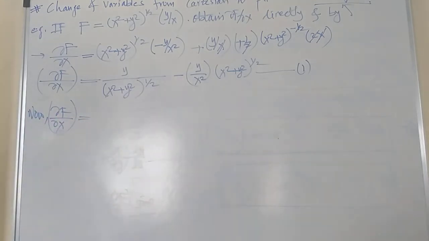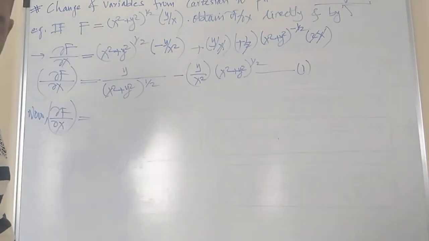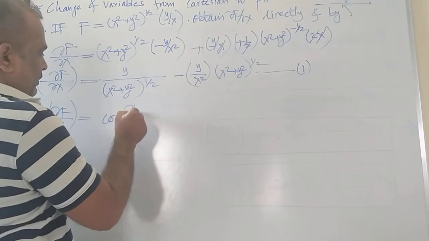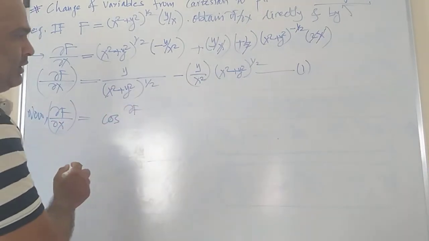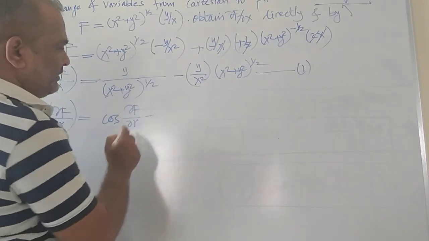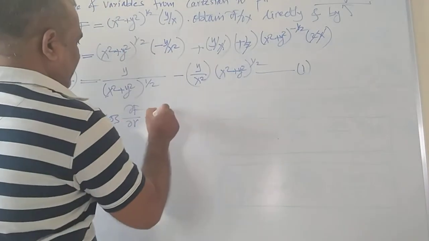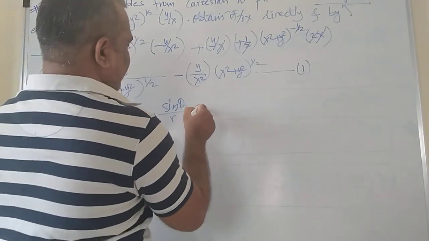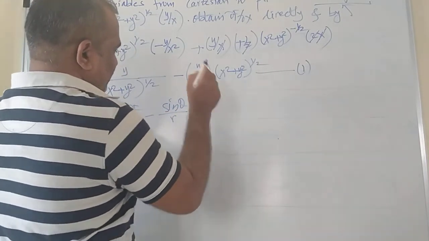Just now we have calculated: dou f by dou x is equal to cos theta into dou f by dou r, minus sin theta by r into dou f by dou theta.